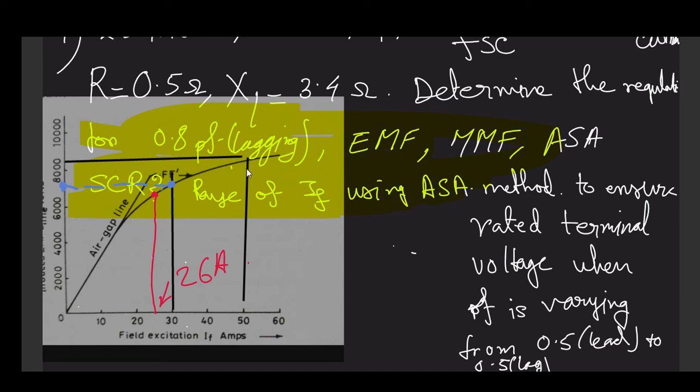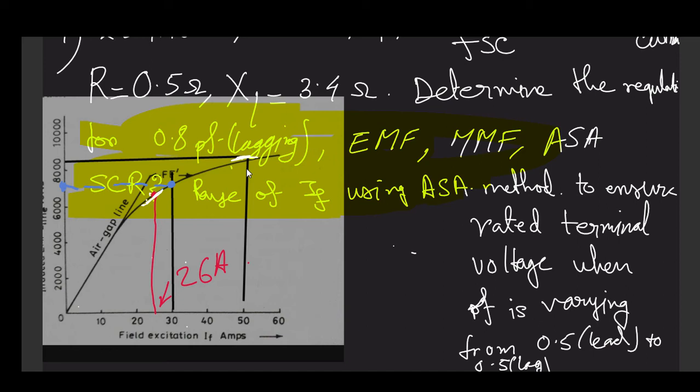In the EMF method, you are trying to find the slope in this region, and in the MMF method, whatever slope you get gives you an idea around this region. So you can see that the smaller the slope of this line, the smaller the amount of regulation will be. It depends which portion of your line you are taking.